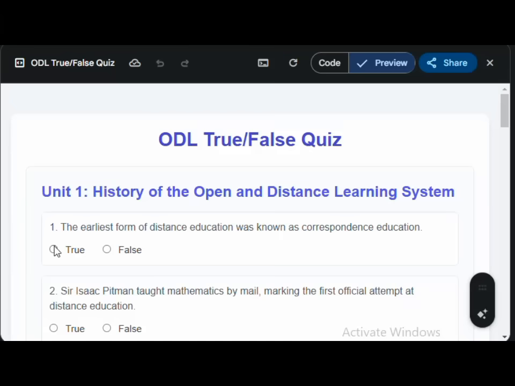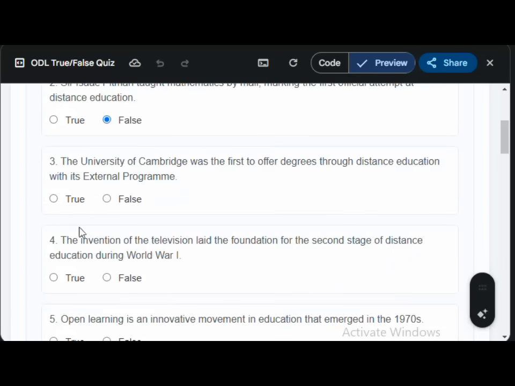The answer is true. Sir Isaac Pitman taught mathematics. This is false because he taught shorthand. Click on false. The University of Cambridge was the first. The answer is what? The University of London. You click on false rather. Your answer is false, not true, because it is the University of London, not Cambridge.